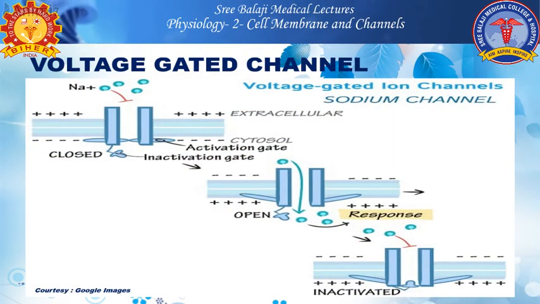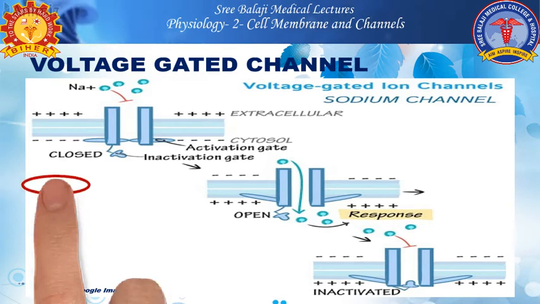First, we will see about voltage gated channels. What is this voltage gated channel? It is a type of transmembrane protein. This channel is guarded by a gate. This gate will open only in response to the change in the electrochemical gradient, or if there is any change in the electric membrane potential.